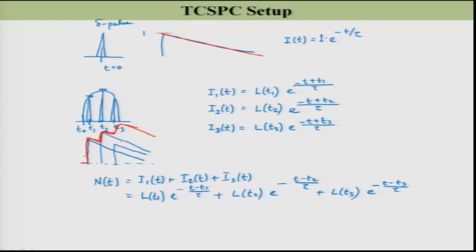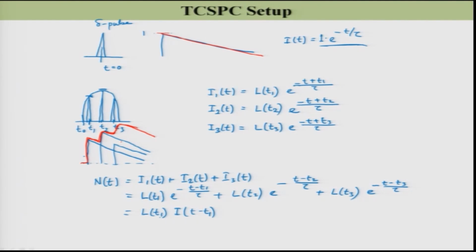So, this I can write as L(T1) I(t minus T1). Look here, some constant e to the power minus t by tau is this I(t). So, if I have t minus something, then here also t minus that time.